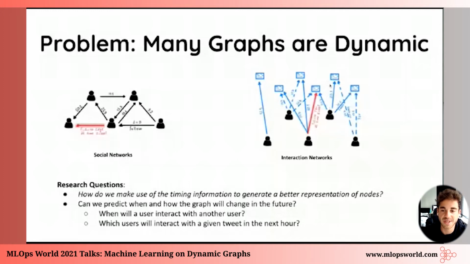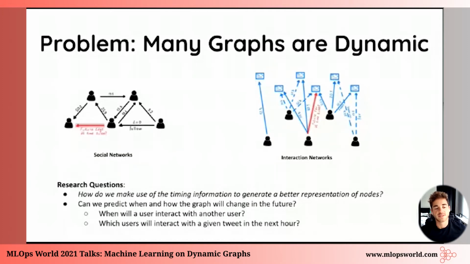So in general, with dynamic graphs, the research questions that arise are: can we make use of the timing information we have on the edges to generate better representations for nodes, meaning better embeddings that can then be used for downstream tasks such as predicting future edges? And can we predict when and how the graph will change in the future? For instance, when will this user interact with this other user next? And if you have a tweet, which users will interact with this tweet in the next hour? These are questions where the temporal component is a first citizen, so you really care about the time here.